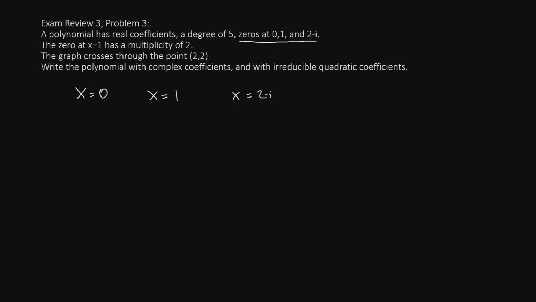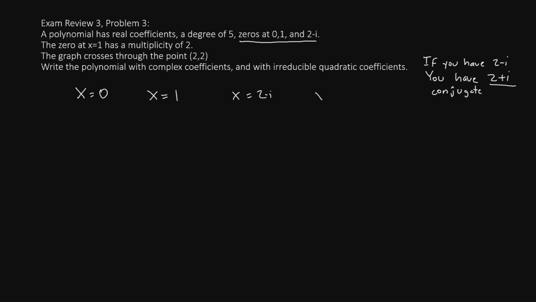Now remember, in order to get a real polynomial, if you have 2 minus i, you must also have what's called the conjugate, 2 plus i. The conjugate just keeps the real part, the 2, the same, and changes the sign on the imaginary part, the i.